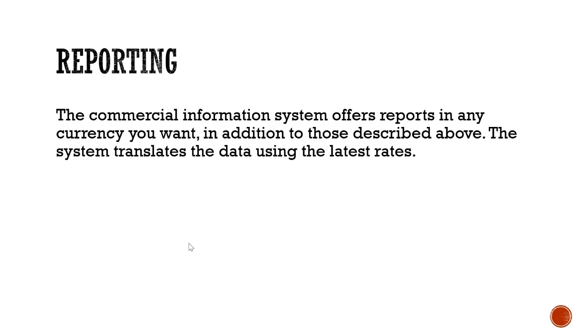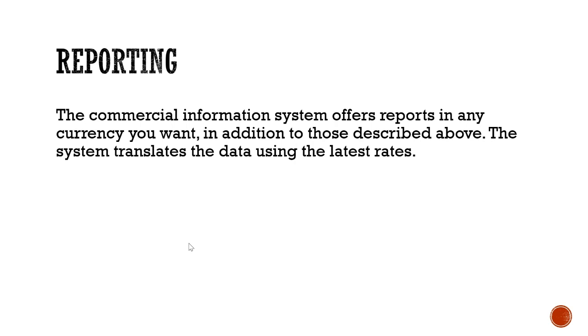Next we have reporting. For commercial purposes, there is one option in the SAP user manual, which is the information system, and it offers different types of reports, not only for project systems but for other modules also. We can see them in whichever currency we want. In addition, the system also translates the data using the latest rates.